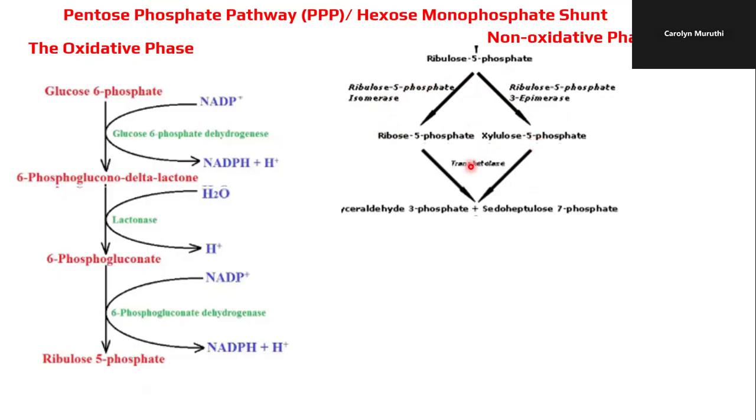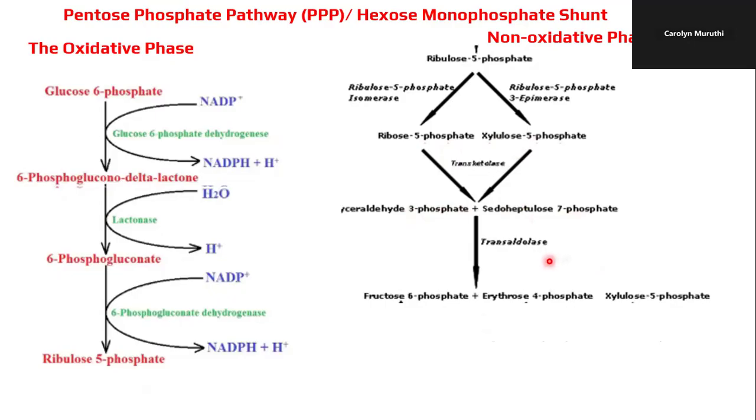Through the action of transketolase, which requires thiamine as a cofactor, 2 carbons from the xylulose 5-phosphate are transferred to ribose 5-phosphate, generating glyceraldehyde 3-phosphate and sedoheptulose 7-phosphate.